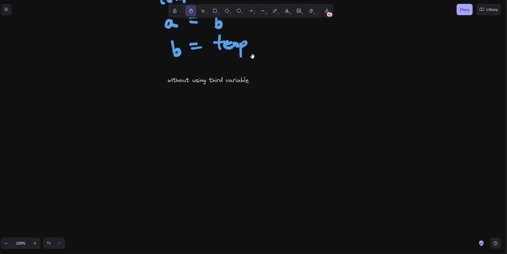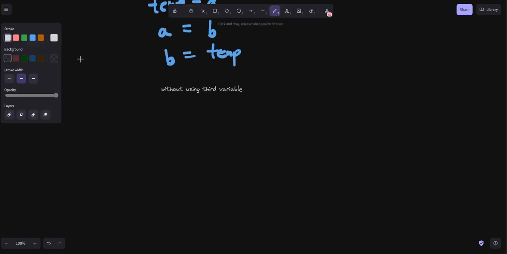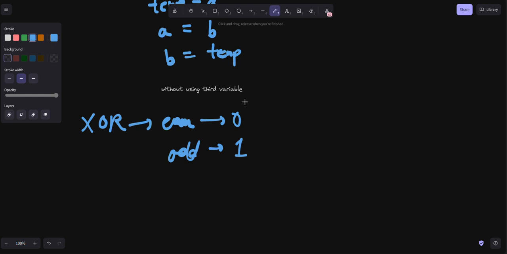So one thing you need to recap, one operation which you learned, which was what? XOR operation. XOR operation basically meant that if the number of ones is even, then the value would be 0. And if the number of ones is odd, then the value will be 1.